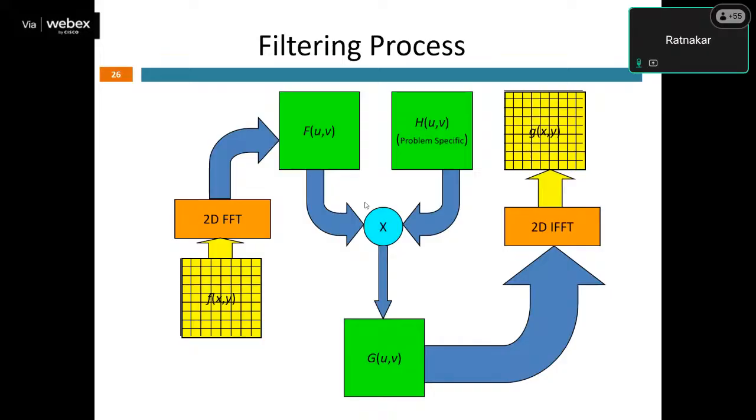Likewise, depending on the specific problem we try to address or the feature we try to obtain, we can design our own filter mask. Those filter masks are extended to the image size and converted into the corresponding frequency domain. Then after getting the element-wise multiplication G(u,v), we can take the inverse Fourier transform, that is, the 2D IFFT. IFFT is also an algorithm for finding the inverse Fourier transform, which finally generates g of xy.